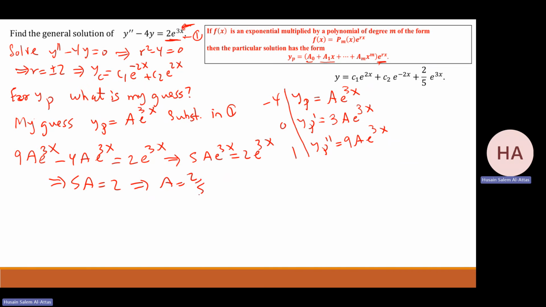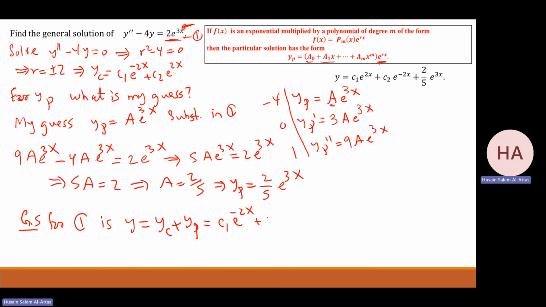So a equals 2 over 5, which means my yp is what? I know a. So it's 2 over 5 e to the power 3x. And my general solution for 1 is what? Y equals yc plus yp, which is c1 e to the 2x plus c2 e to the minus 2x plus 2 over 5 e3x.